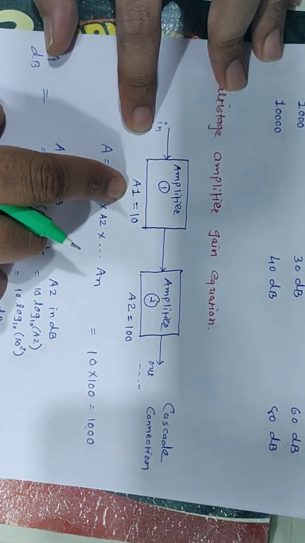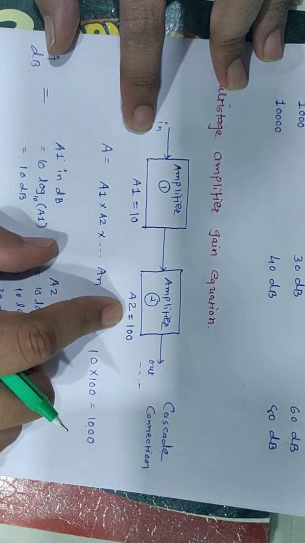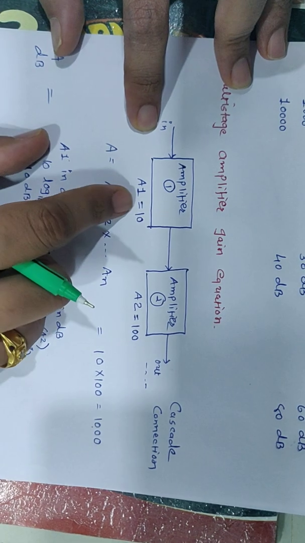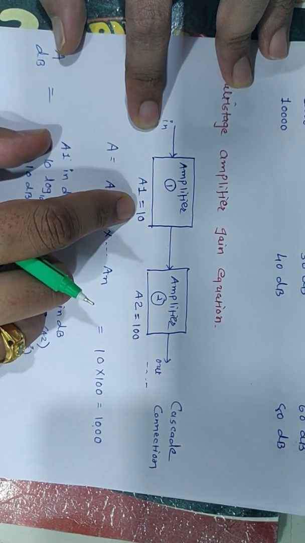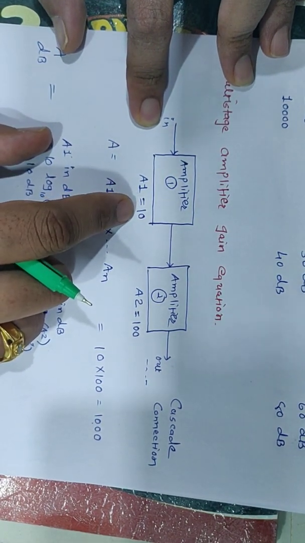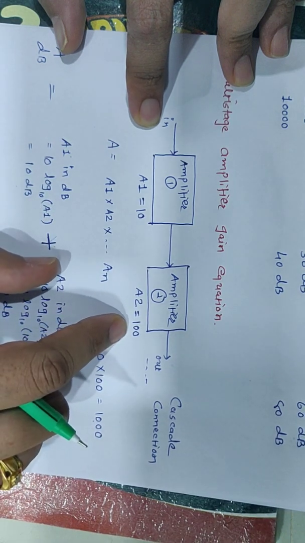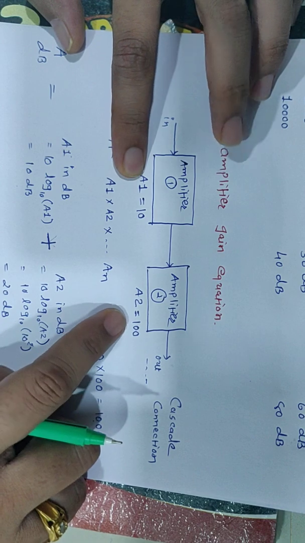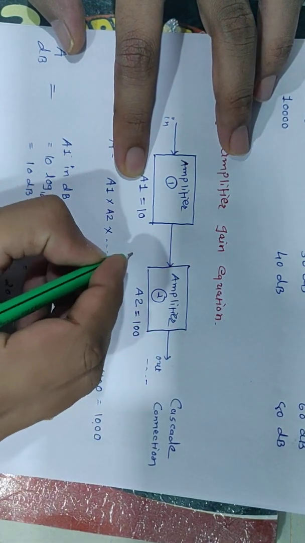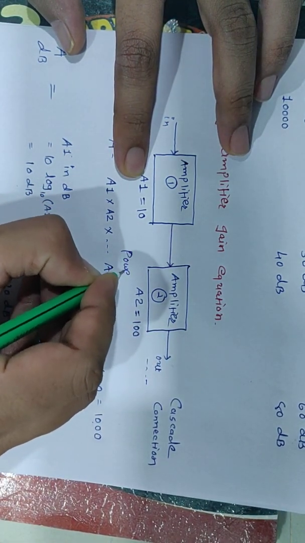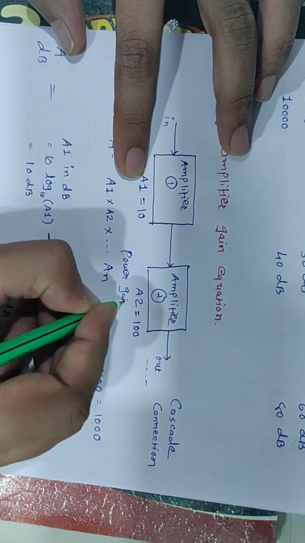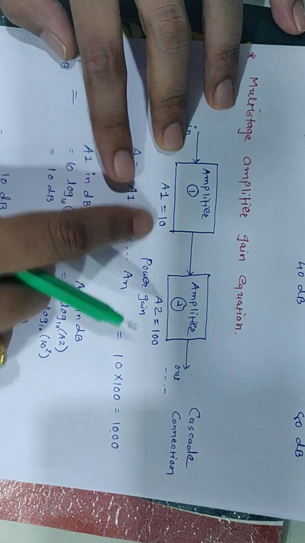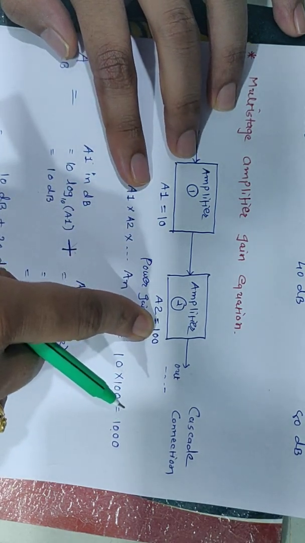The gain of amplifier 1 is A1, the gain of amplifier 2 is A2, and we have given numeric values: A1 is 10 and A2 is 100. We have taken A1 and A2 as the power gain. Now this is just a gain, not in decibel.